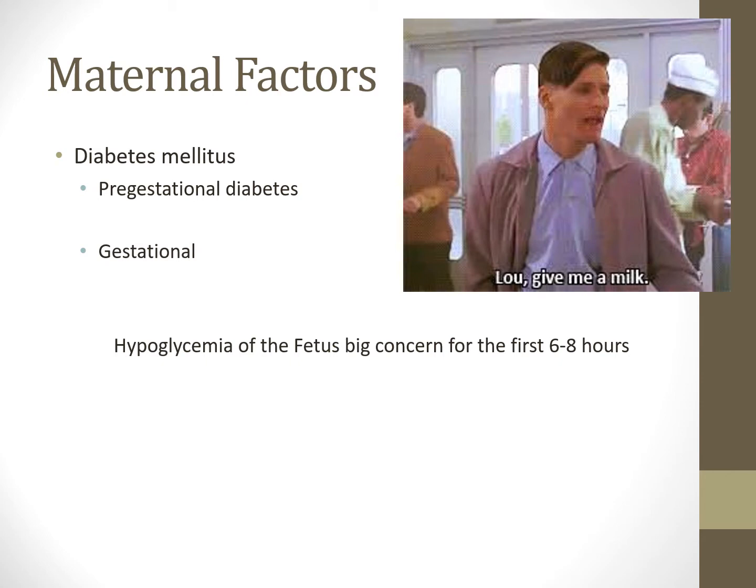Because the baby is producing a lot of insulin. When the baby is delivered and no longer in utero, the baby's still going to be producing a lot of insulin, which means their blood glucose could go down dramatically. That means the baby can sort of check out.